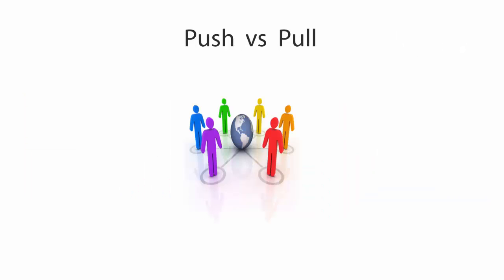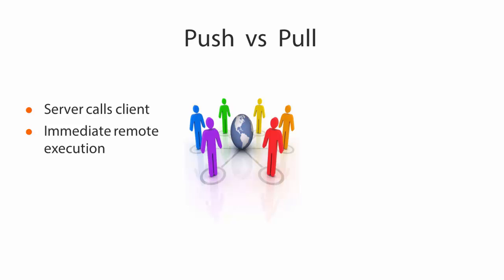Push and pull, as I told you on the previous page, normally Puppet is using pull to bring the configuration file from the master. Push normally means the server calls the client. If the server calls the client, this kind of program will be executed immediately on the remote system, as Ansible does using push.